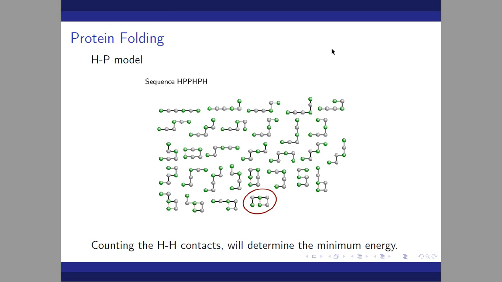The last one is an example of one of the models for protein folding. Here we have 1, 2, 3, 4, 5, 6. We have hydrophobic and polar residues from the side chain.